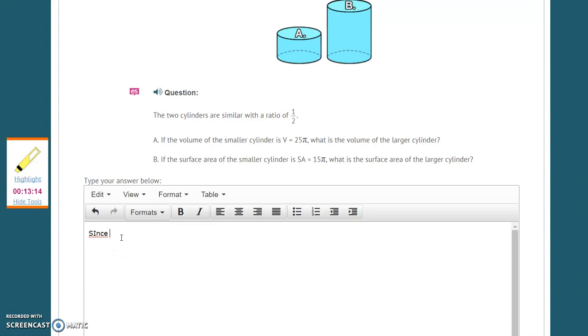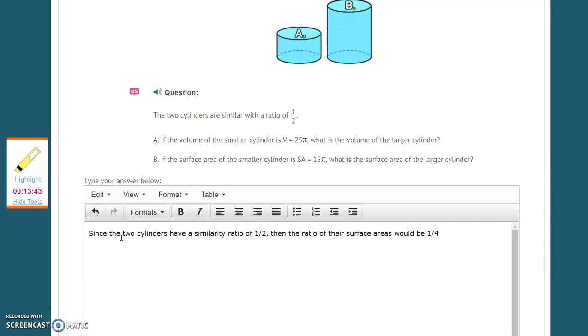Okay, since the two cylinders have a similarity ratio of 1 to 2, then the ratio of their surface areas would be 1 to 4.